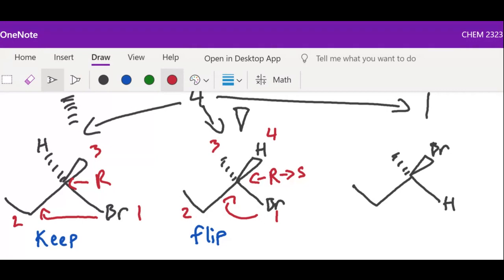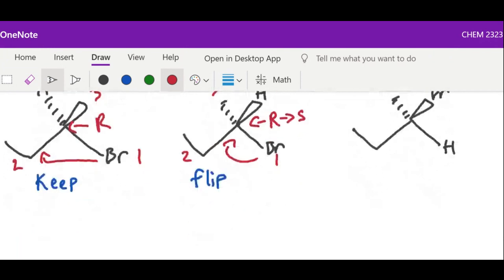If it's on a dash, we can keep it. If it's on a wedge, we flip it. And we can rotate as many times as we want, but it's easier just to rotate it once to either a dash or a wedge.